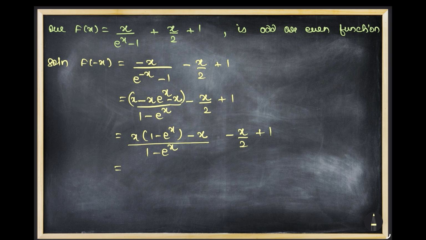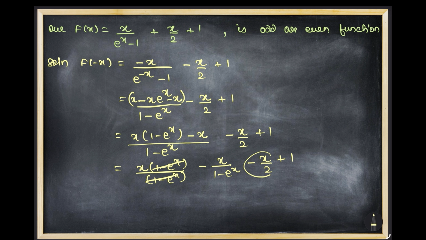Now I will write this into two components. So the first part will become 1 minus e power x upon 1 minus e power x, minus x by 1 minus e power x. So this thing is gone. Right? This thing is gone, we are left with x.